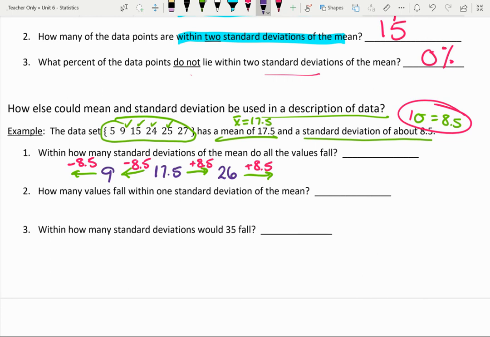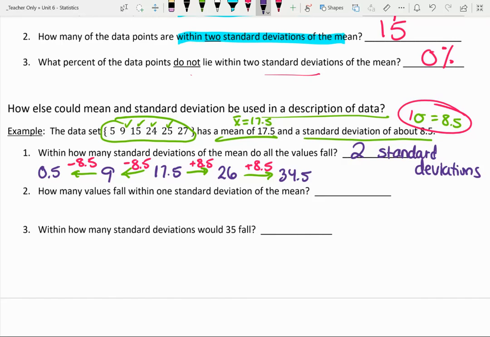So when I do that, 26 plus 8.5 will get me to 34.5, and 9 minus 8.5 will get me to 0.5. And so now I'm thinking, do all my data values lie between 0.5 and 34.5? Yes. So I've met that criteria, 2 standard deviations away from the mean.